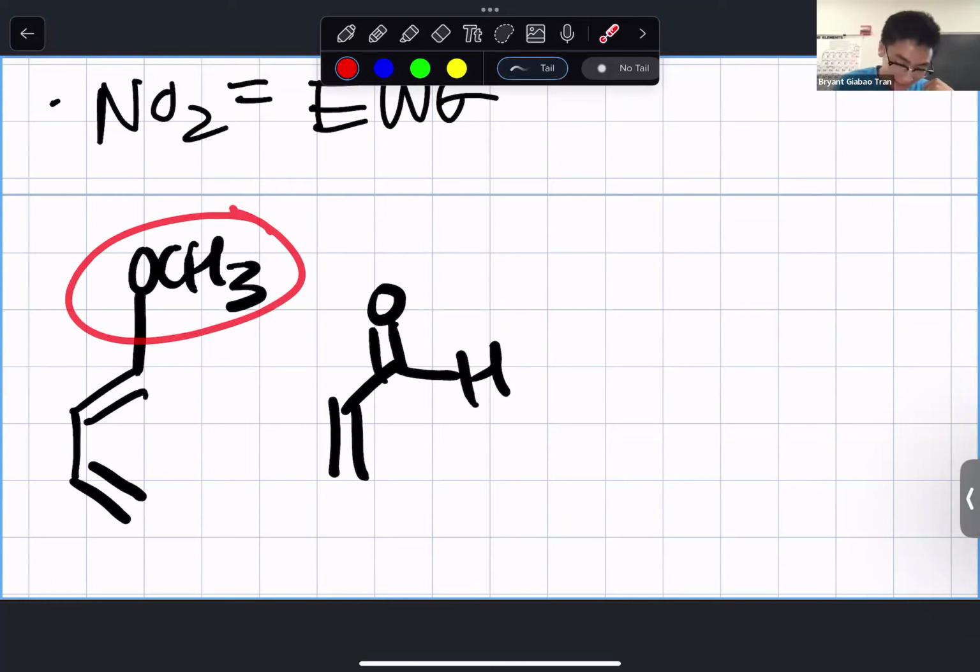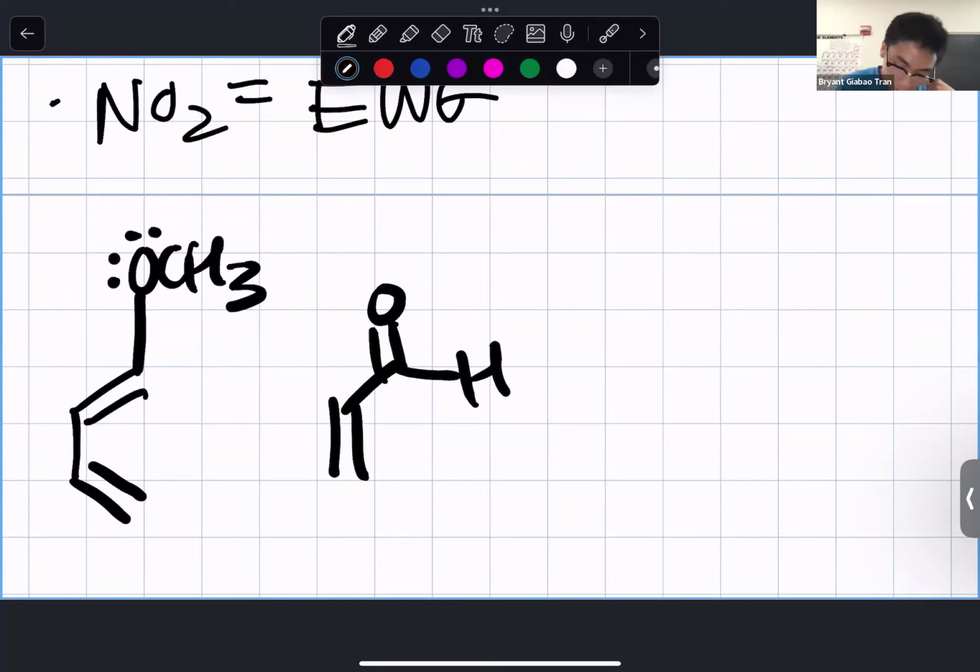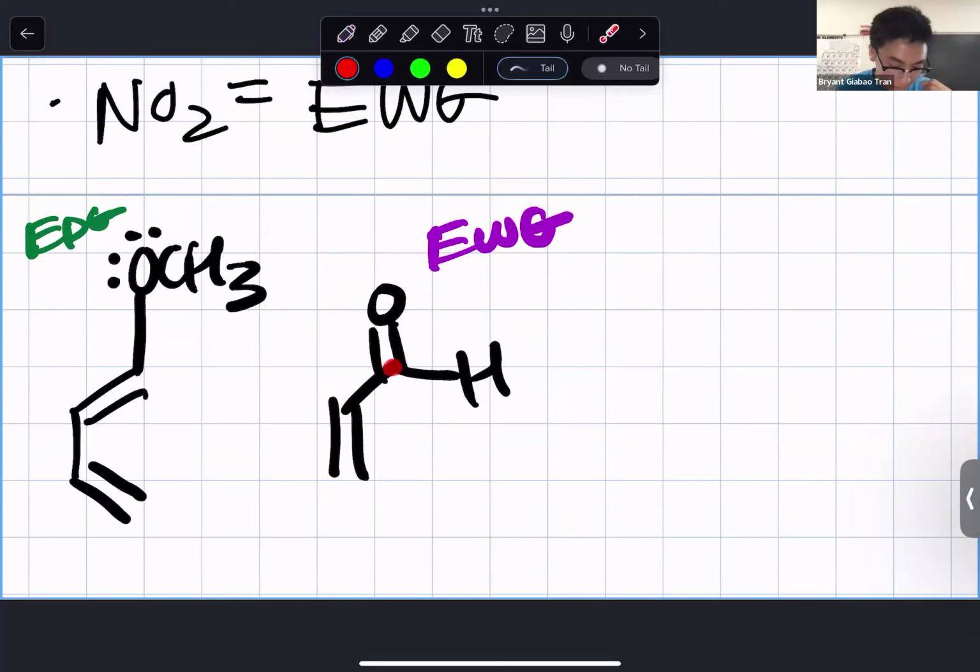EDG, right? Because it is partial negatively charged and it has two lone pairs of electrons. How about this group here? EWG. That's right. So this is EDG. This is EWG. And the reason why is because that first atom directly attached to that dienophile is partial positive.